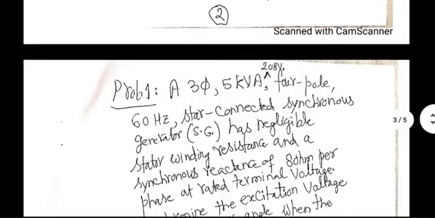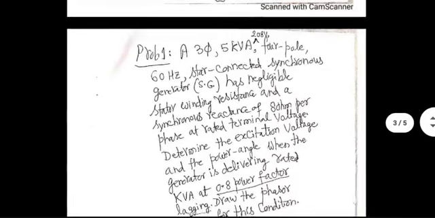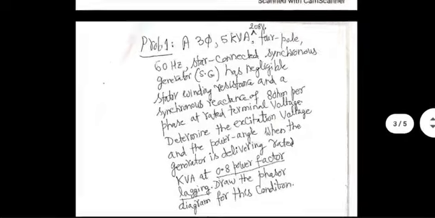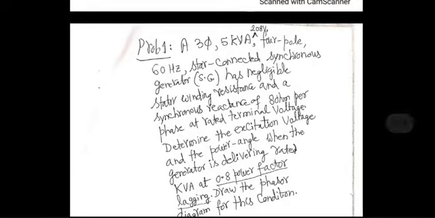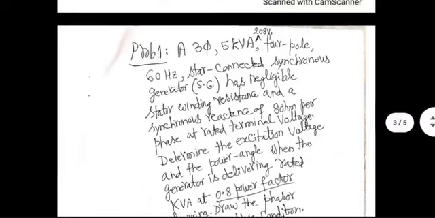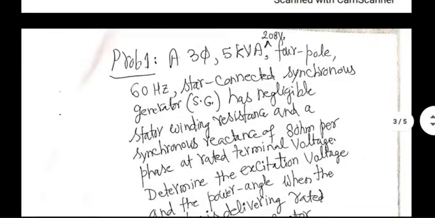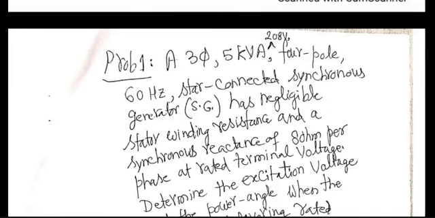Now, some numerical examples. A 3 phi, which means three phase, 5 kVA, 208 volts, 4 pole, 60 hertz, star connected synchronous generator SG has negligible stator winding resistance.